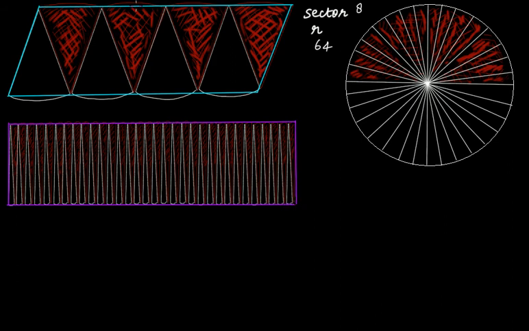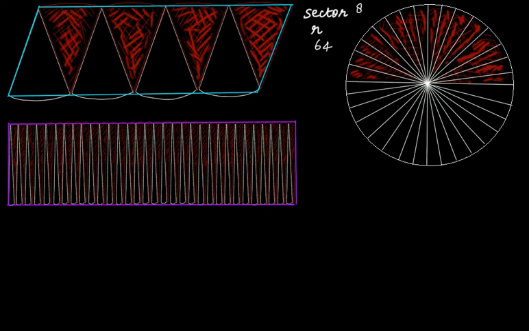Okay, so if you divide the circle into 8 equal parts, it takes the shape of a parallelogram, and if you divide this circle further into 64 equal parts and adjust them like this figure, then it takes the shape of a rectangle.